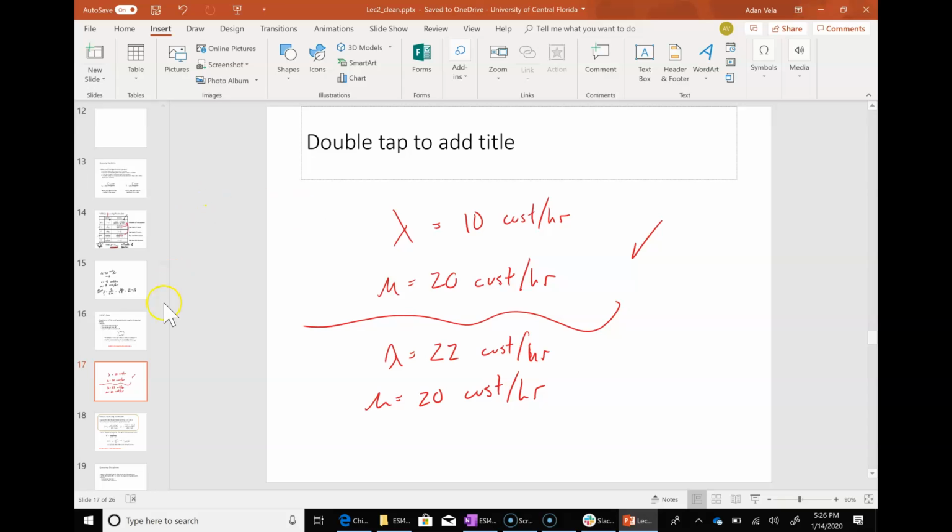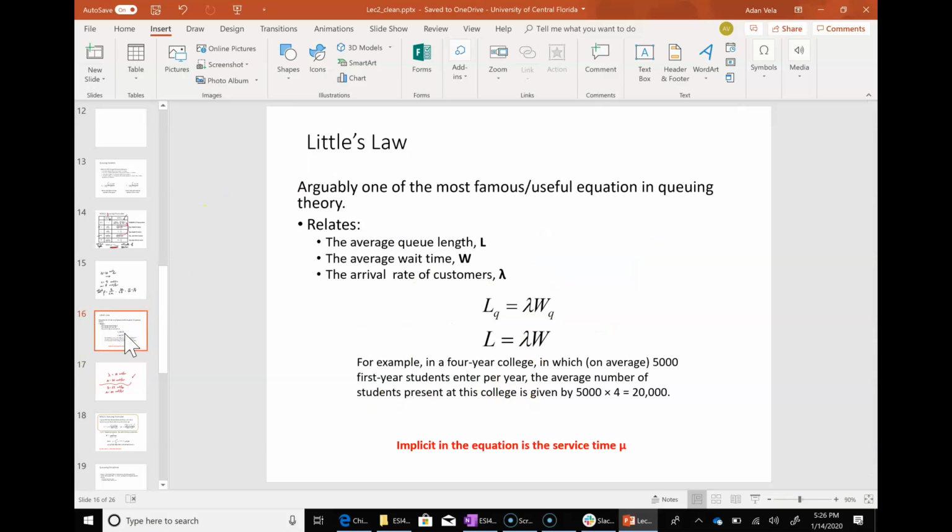Well, Little's law makes the assumption, and it has the requirement, that lambda is strictly less than c times mu. So let's call this your processing power is greater than the arrival rate.